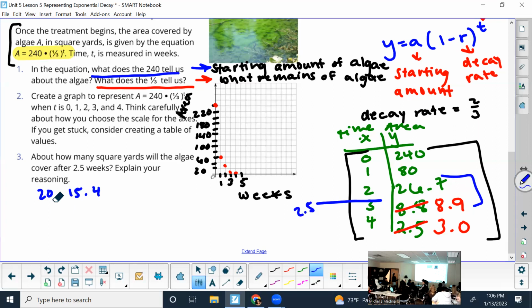So 20 could work. 15.4, I think, is what you get when you plug in 2.5. But I think it takes a full week for the treatment to reduce it by a full season. So it could vary. It could be anywhere from like 27-ish to 9-ish based on the graph. Good, any questions?